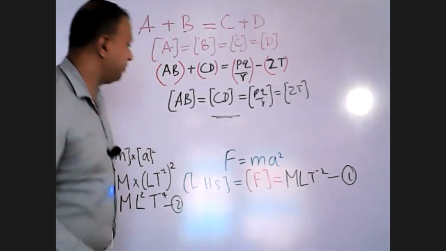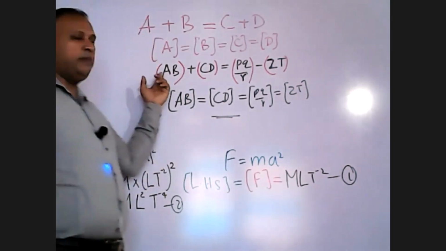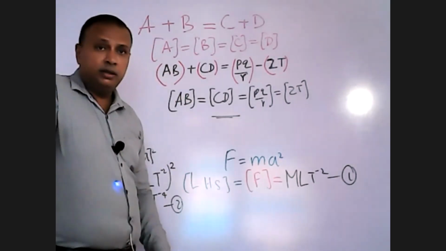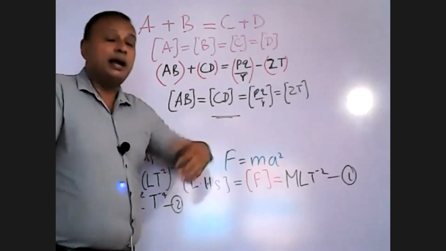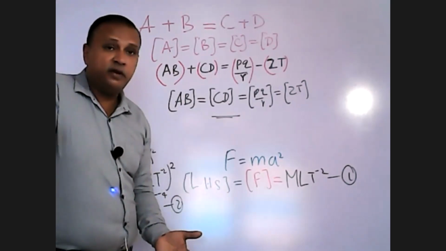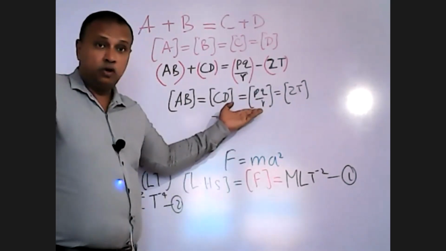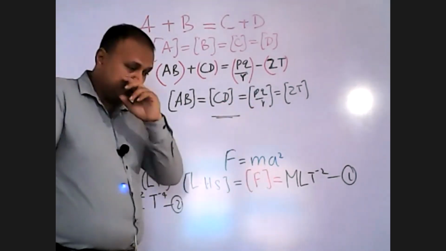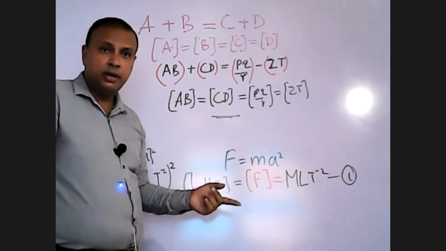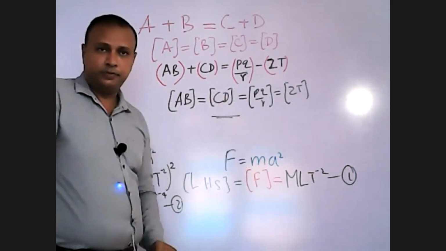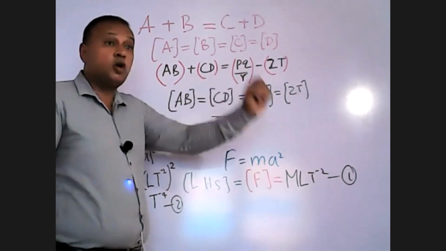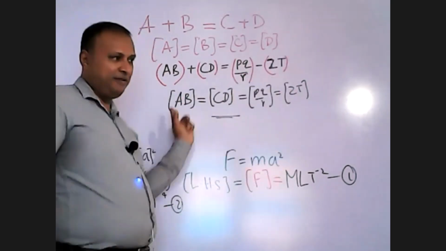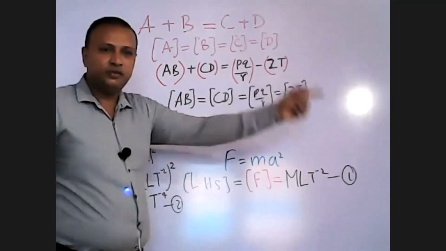Yes, this may be length into time, because we can multiply 2 different physical quantities. In our previous examples, we determined the dimension of impulse. Impulse is equal to force into time.